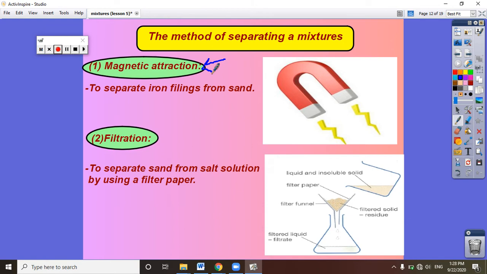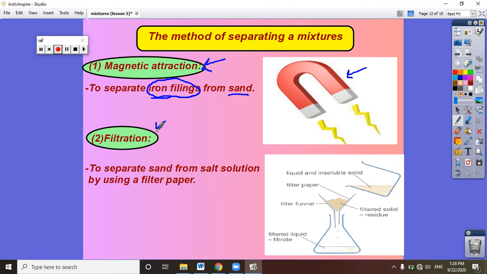If I have a mixture of iron filings and sand and I want to separate the iron filings from the sand, I will use a magnet. The magnet will attract the iron filings, so the iron filings are separated from the sand. So the first method to separate a mixture is magnetic attraction.